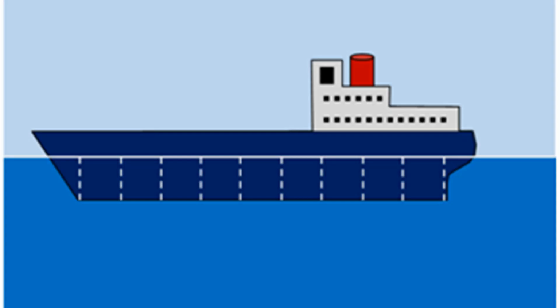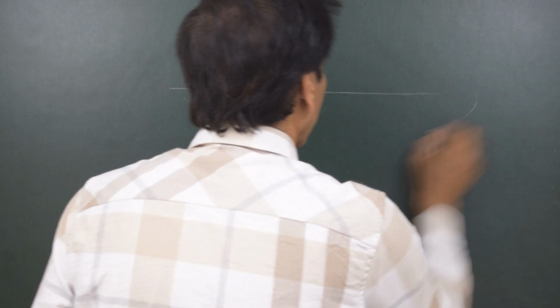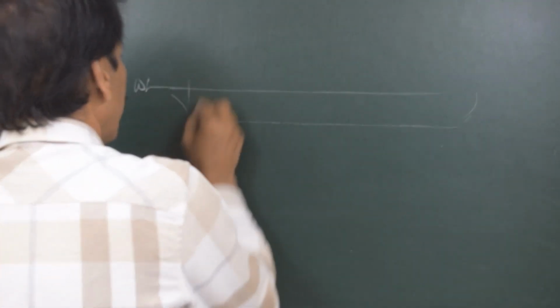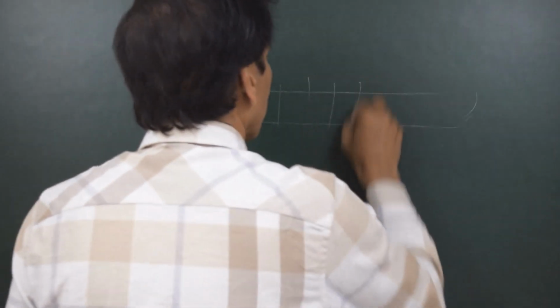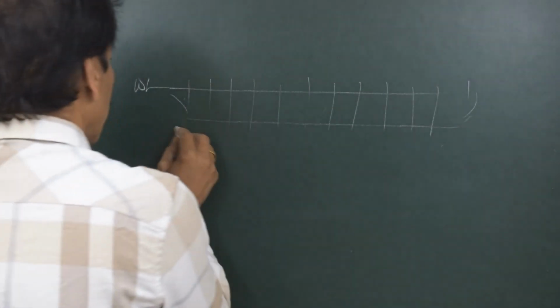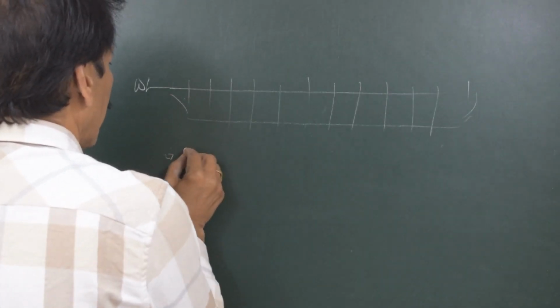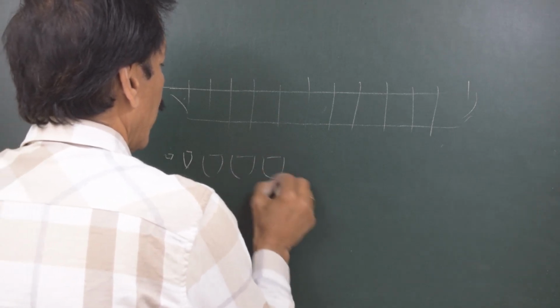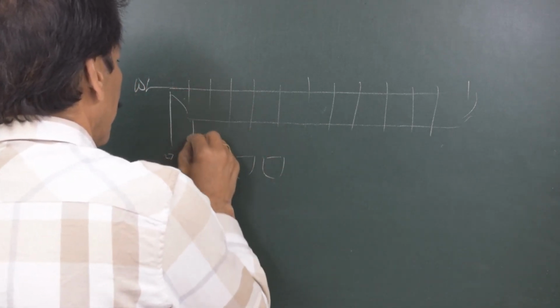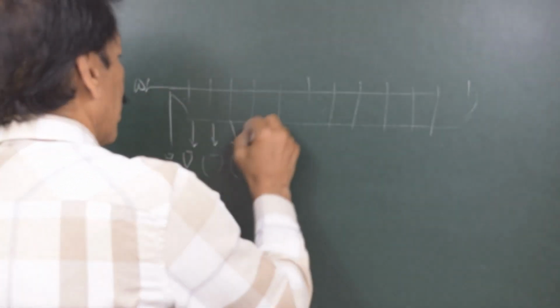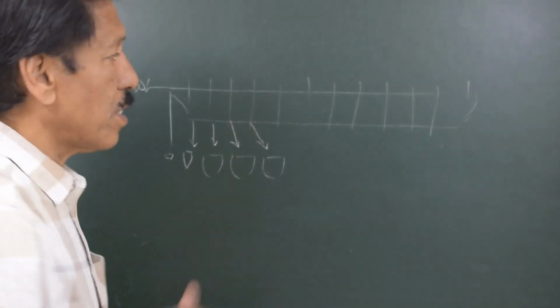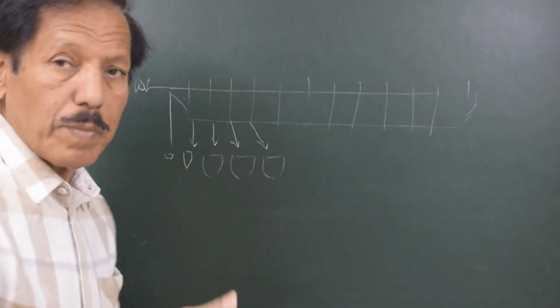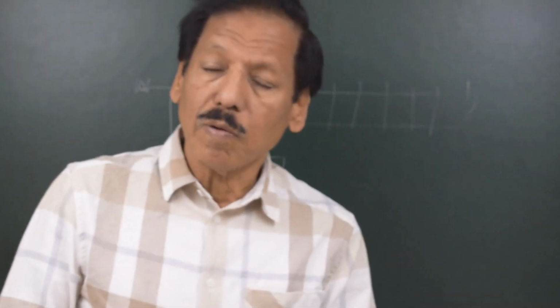There is yet another method to find out the underwater volume. Suppose this is the water line and we divide the ship into various sections, right? At different sections, the area would appear this way, and we find out all these areas at this draft, at this trim. The information, of course, is available from the Bonjean curve.